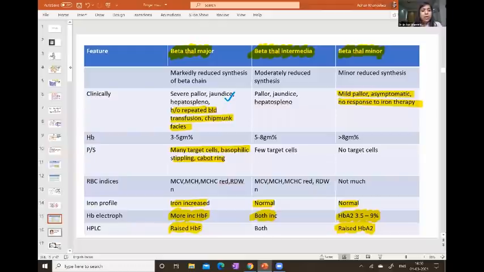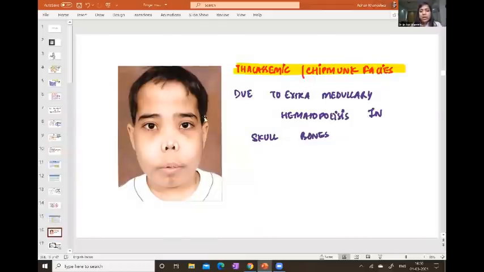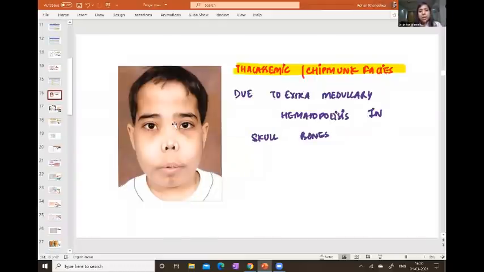In this image, can you see that this child's face is a little abnormal? I can see that there is frontal bossing, see this frontal bossing. Then there is a flat nasal bridge. Why do we see these faces? Because of extramedullary hematopoiesis. Hematopoiesis cannot occur properly in the bone marrow, so it starts occurring in the skull bones.